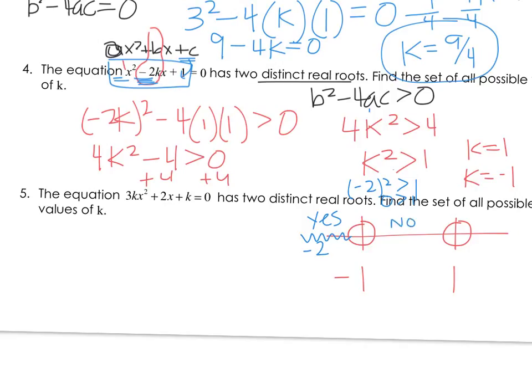No. Then we put in a value like positive 2. Is 2 squared greater than 1? Yes. So for this one, we could have many solutions. We could have all of our negative values until we get to negative 1, or we could have 1 until infinity.